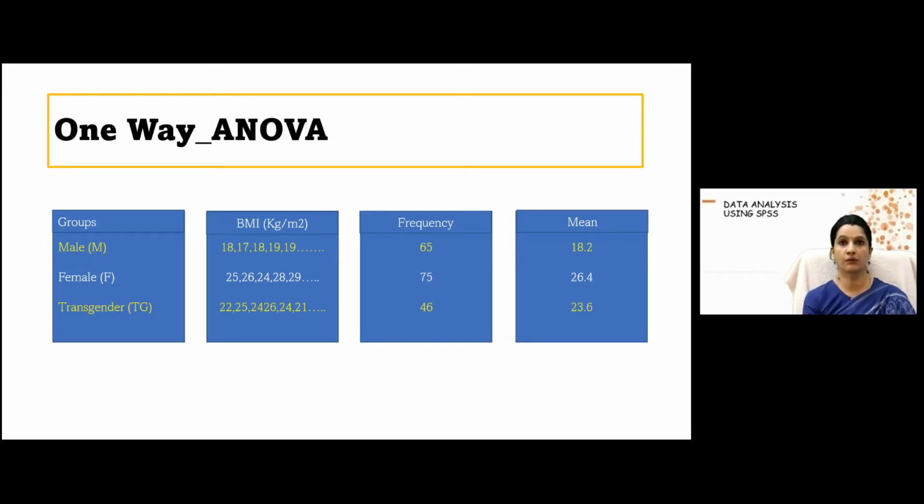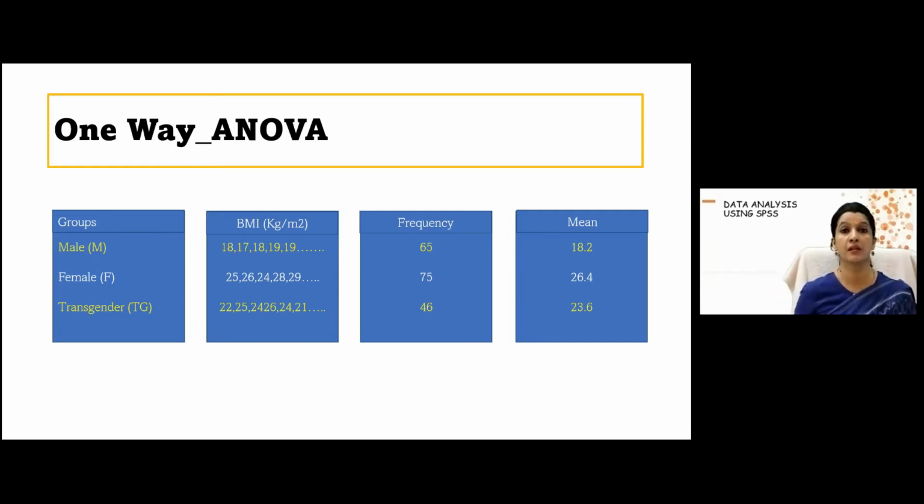Are you clear now? Shruti and Praveen and the other people who are attending. It is just that for between group, you are taking the three means as one value, then taking out the overall mean and then subtracting it. I'm not going into the statistical part of it, but if you can imagine, it is just, between the three groups, what is the deviation from the overall mean.